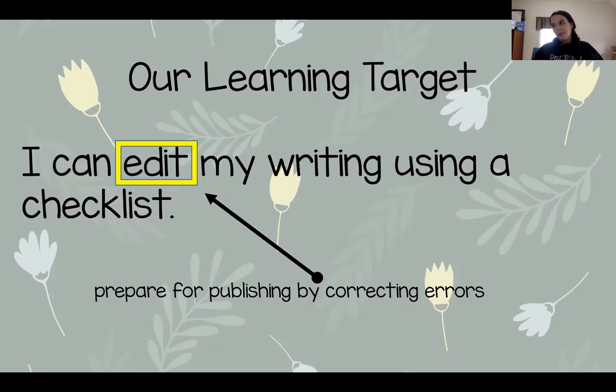I know you know the word publishing is when you finally have that perfect, or not perfect, but that really amazing final copy of your writing, and it's got pictures, and the writing is very neat, and the sentences are high quality. So preparing for publishing by correcting errors. Editing is when you go through your writing and you try to fix any mistakes or try to make sure that all of your sentences are written properly like a second grade scholar would do, okay?